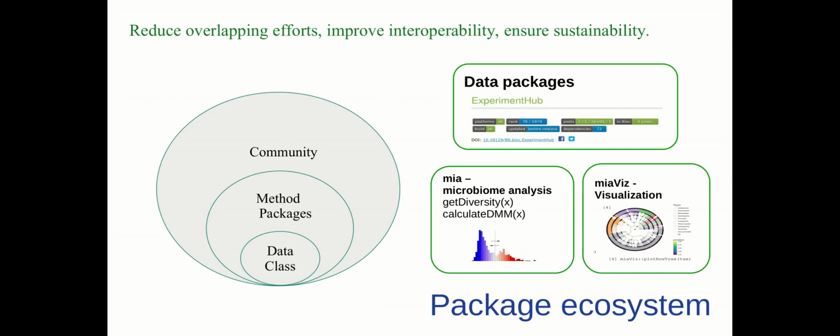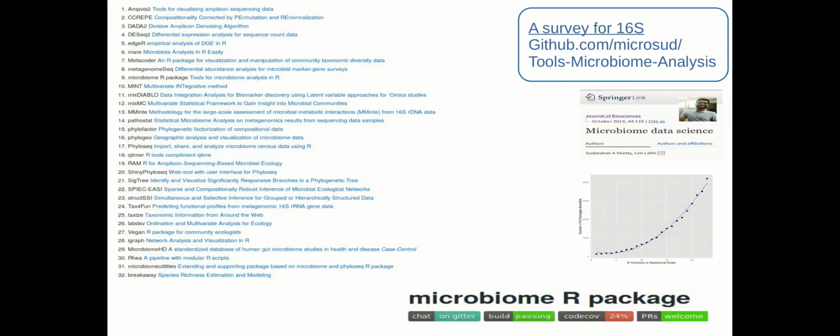And there are now different demonstration datasets available in a suitable format, and we can run them through the various tools. In recent years, there has been a rapidly increasing number of different R packages for the analysis of microbiome community data.